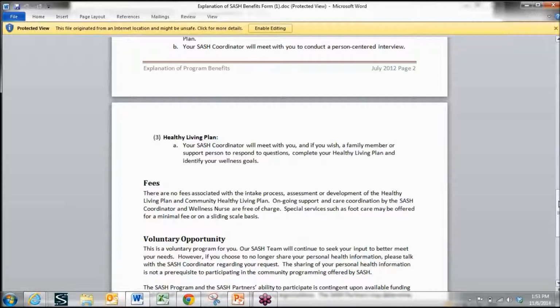It does say, however, that if there are some special services that the participant decides they want, let's say they have some issue around foot care, and there's no regular foot care program in the area, but they really need foot care, then you as the SASH coordinator may help them find out who can do foot care for you. And let's say you're able to find a program that does have a small expense, $10 or something for their feet. That is something they would have to pay for. But again, that choice to do that or not is completely up to them.